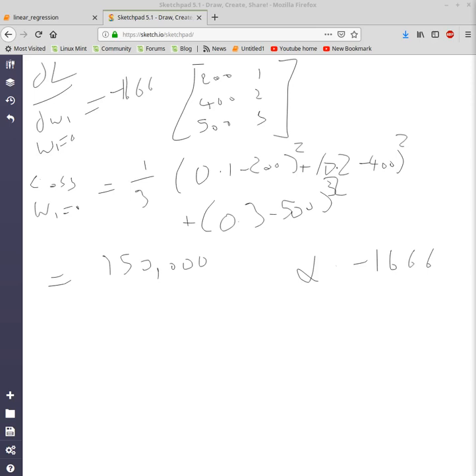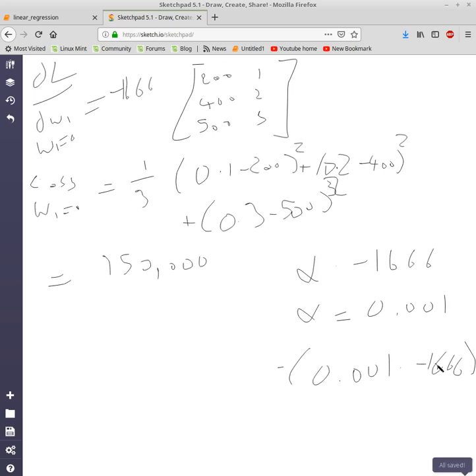So now that we know this, we want to increase W1 by a small amount, alpha, which is called the learning rate. If the learning rate is, for example, alpha equal to 0.001, we will update W1 by negative 0.001 times negative 1,666.